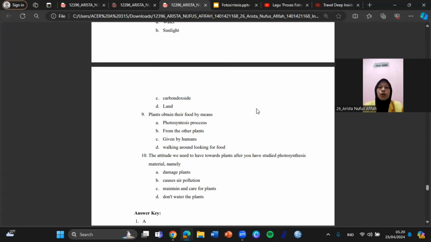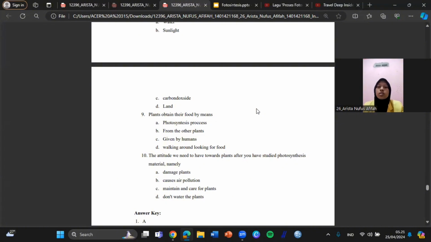Then the water is absorbed by the plants from the soil by the roots. Then carbon dioxide is absorbed by plants to carry out the process of photosynthesis, and the results of photosynthesis are oxygen and glucose. Then the formula for the photosynthesis process is water and carbon dioxide equal glucose and oxygen.